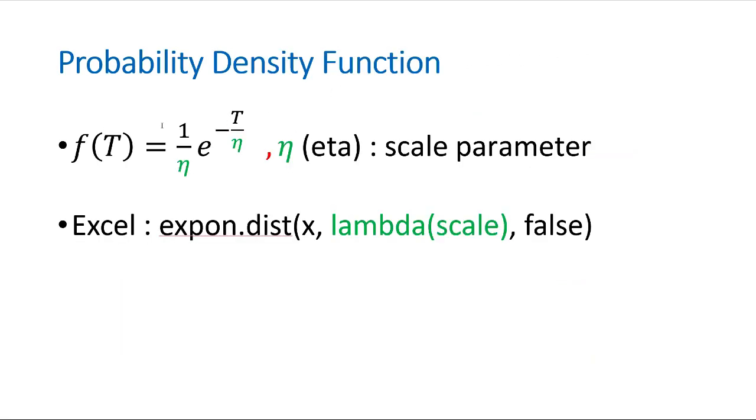And if you consider the derivative form of the cumulative distribution function, then you can get the PDF. The PDF form of the exponential distribution is like this. So as you can see, again, eta is a scale parameter. In Excel, you can use the EXPON.DIST function with the false option.